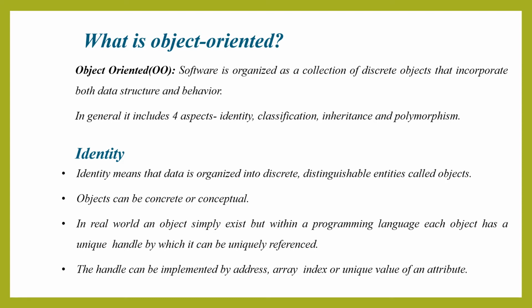Objects can be concrete, like files in a file system. If it is conceptual, it means we are scheduling policies in a multiprocessing operating system. Conceptual means I'll say this process has to go first and execute, then process 2. So that is your conceptual method.